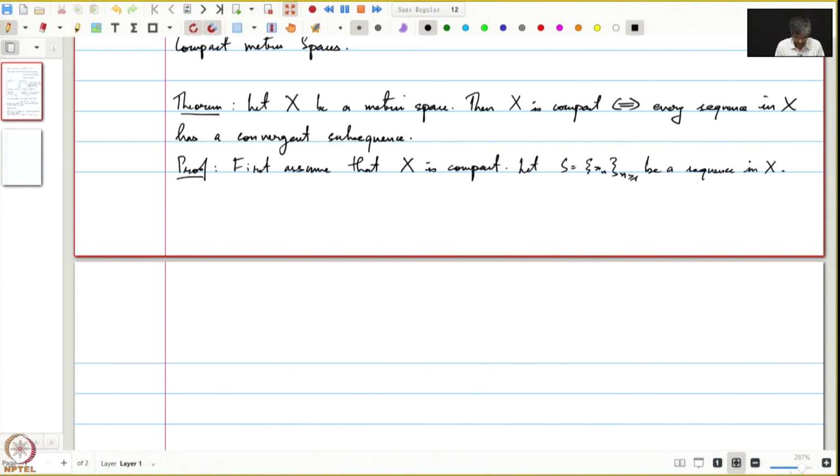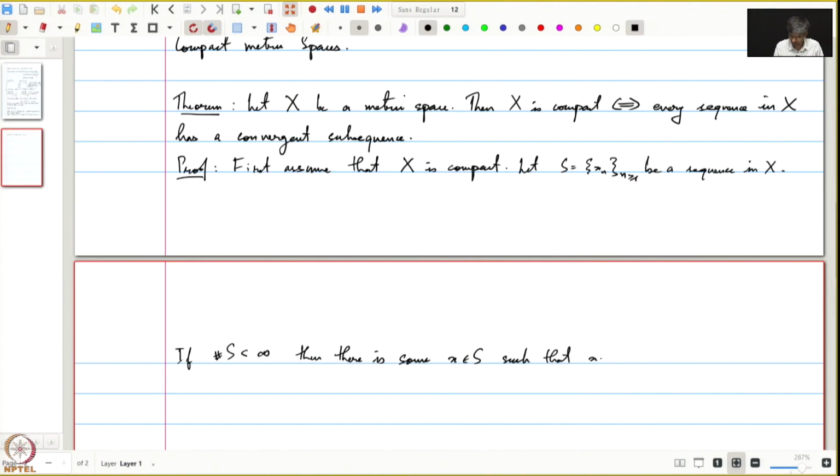Okay. If S is finite, so if the cardinality of S is finite, then there is some x in S such that x is equal to x_{n_j} for infinitely many indices n_j.